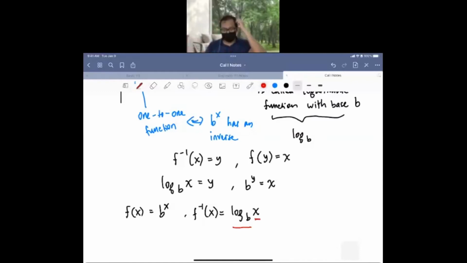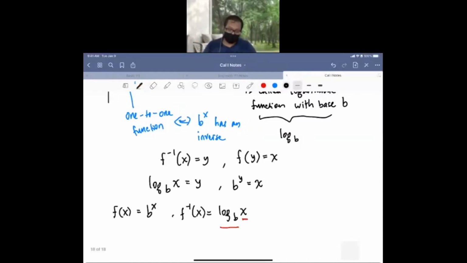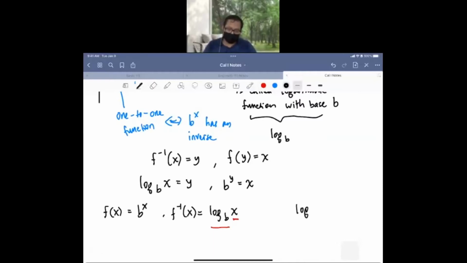For example, usually we say the default base is 10. So if we write log of 100, this is saying that there is something here that by default is just 10. Do you know why it is 10?